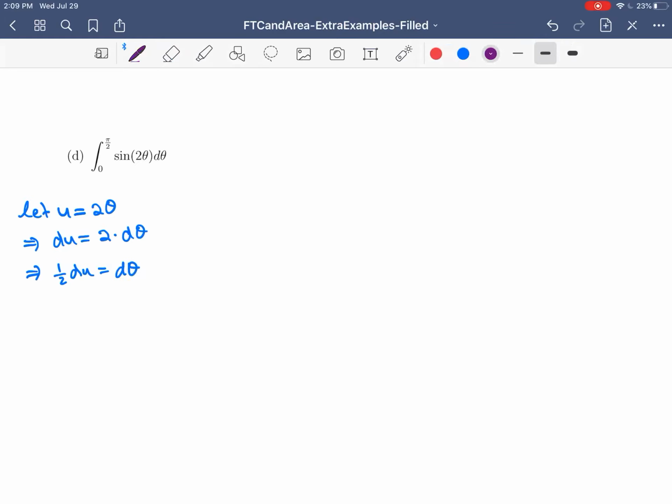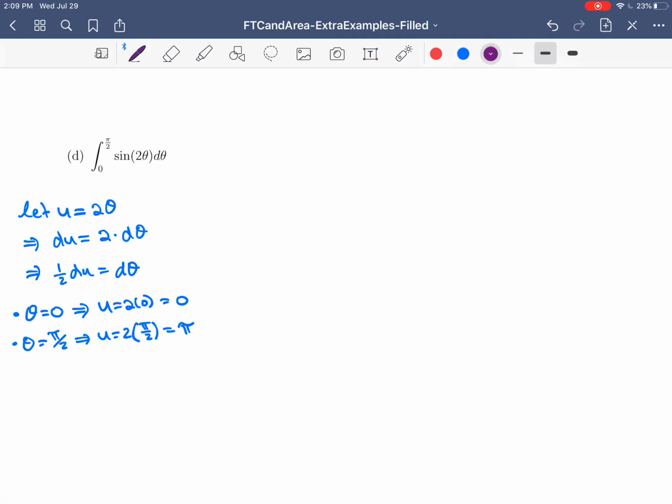Okay, and then if I go back, because I have a definite integral, I want to change the bounds. So when theta equals 0, the bottom bound, u is going to be 2 times 0, so still 0. But when theta equals pi by 2, u is going to be 2 times pi by 2, which is just pi.